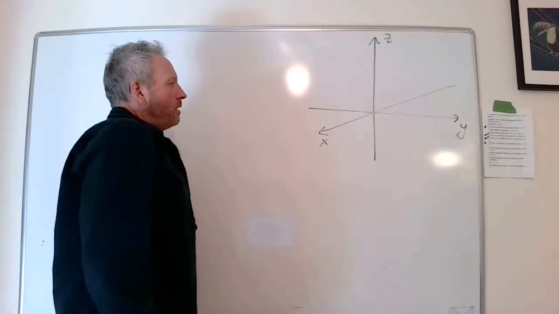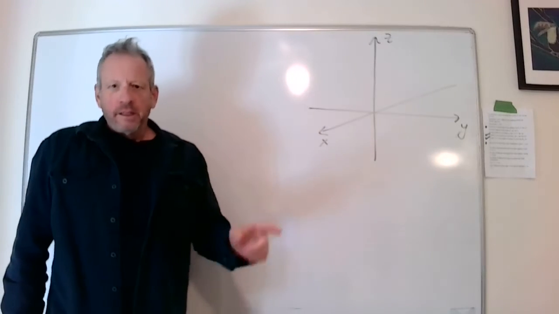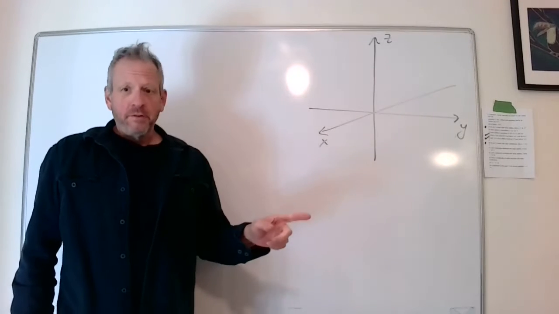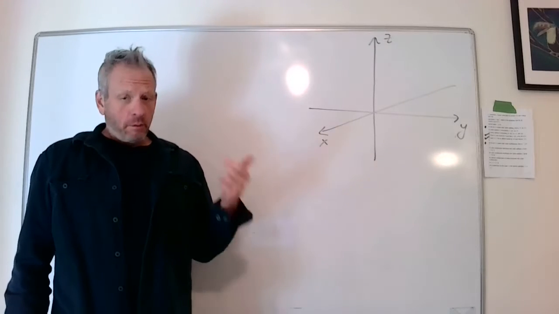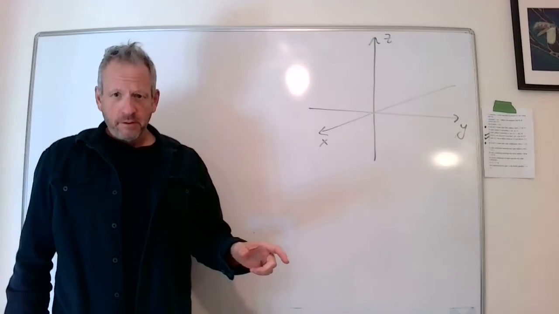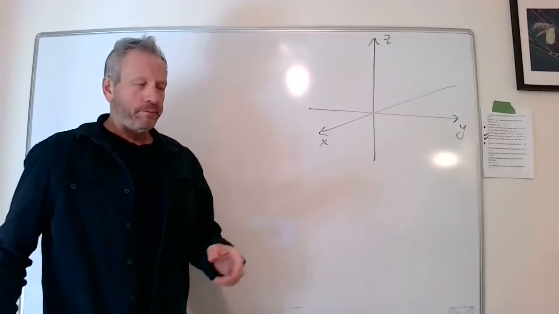Well, remember, a nice thing is if we know what a linear transformation does to the basis vectors, then we can immediately write down what that transformation is. So what we want to do is figure out what this rotation does to the basis vectors, and then we can write a matrix which will achieve that transformation.